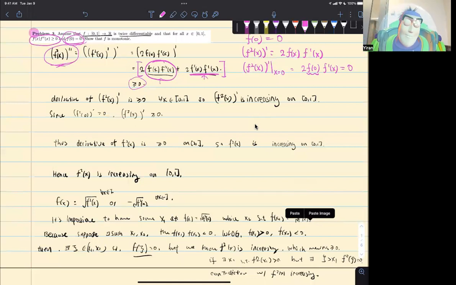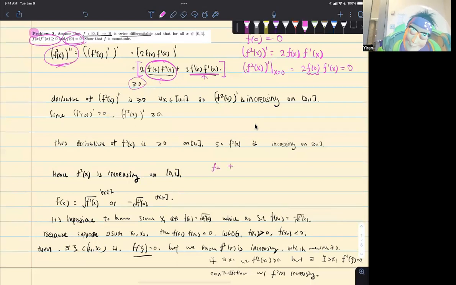Okay, so the direct relationship between f and f squared is f is equal to positive or negative square root of f squared, right?